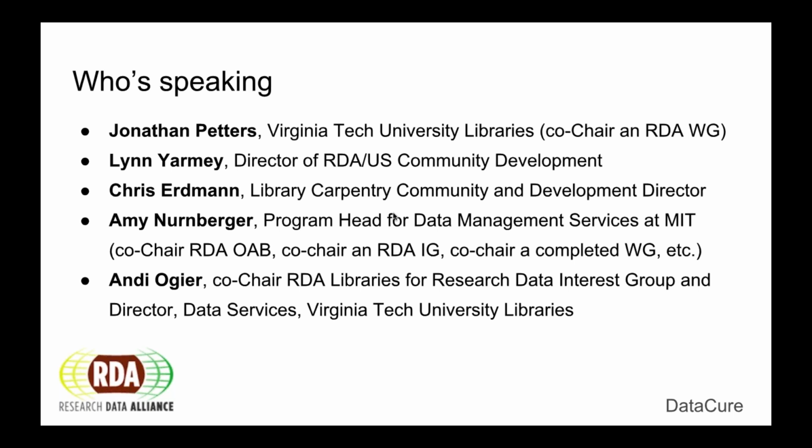The other people you are going to hear from today, in this order, are Lynn Yarmey, who is director of RDA US Community Development; Chris Erdman, who is Library Carpentry Community and Development Director; Amy Neuberger, who is program head for data management services at MIT and is co-chair of several working groups in RDA as well; and Andy Ogier, who also works with me in Virginia Tech University Libraries and is co-chair of the Libraries for Research Data Interest Group. So we're going to hear from all these people in succession.